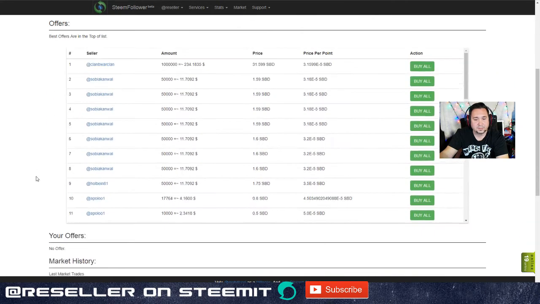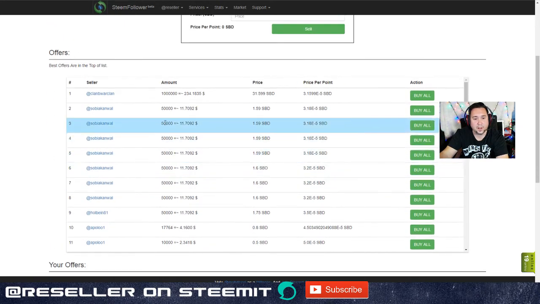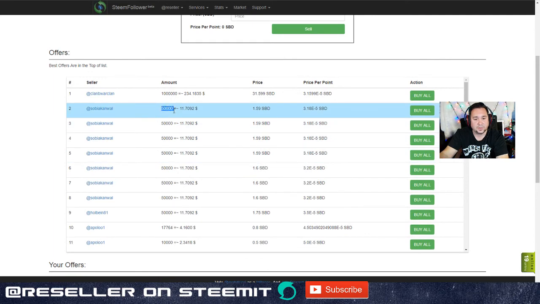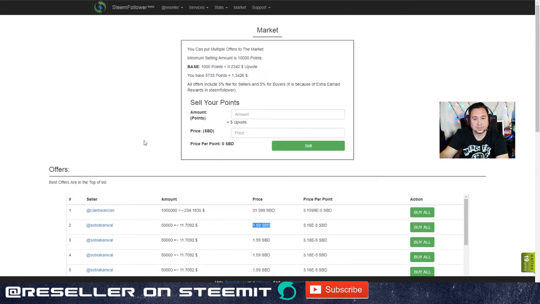But if you have some extra Steem Backed Dollars and you want to buy points for a new member that's under 50 Steem power, this is actually a good thing to do, because you'll get about 140% back in Steem in upvotes. So if no one's upvoting your stuff and you're brand new, it's good to get on steemfollower.com and, if you have some extra Steem Backed Dollars, purchase these points.